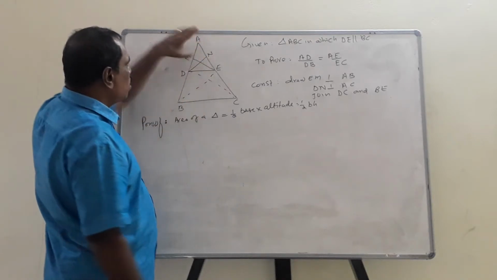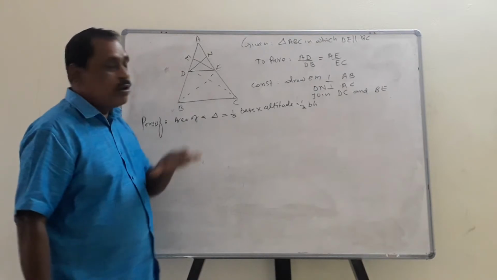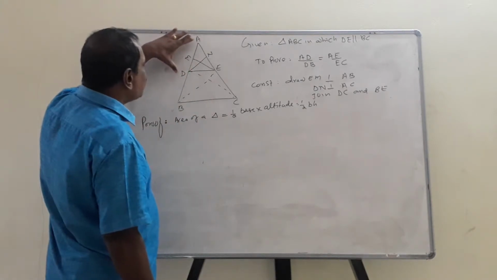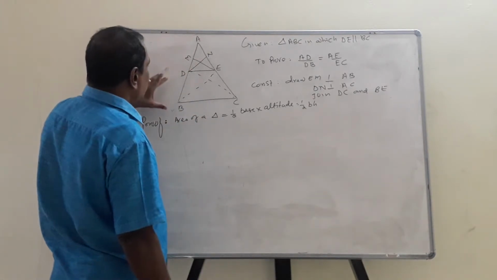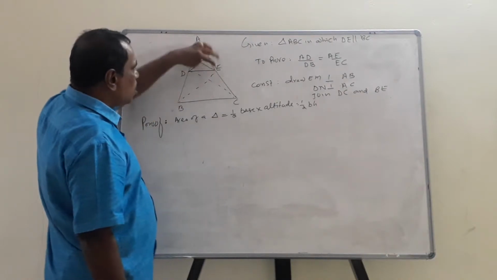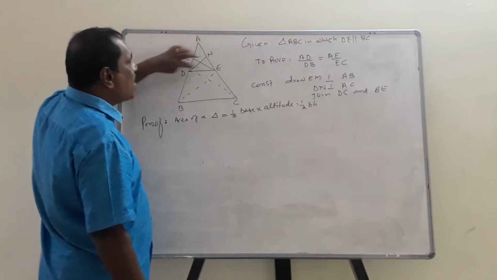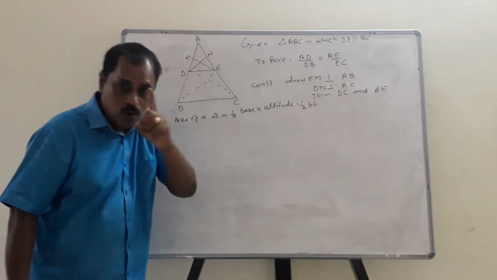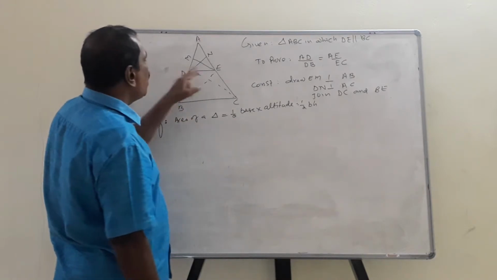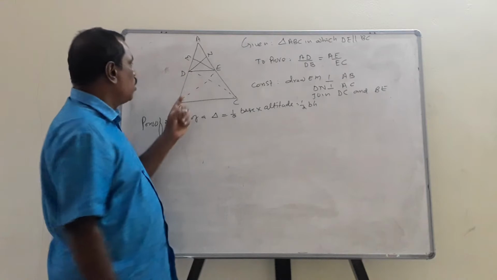I repeat, this is the base. We are going to cover AB for two triangles, bases AD and DB, in which the altitude is EM. So for triangle ADE, EM is the altitude, and triangle BDE is an obtuse triangle, so the altitude is outside.